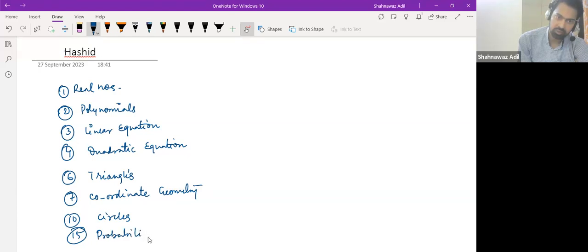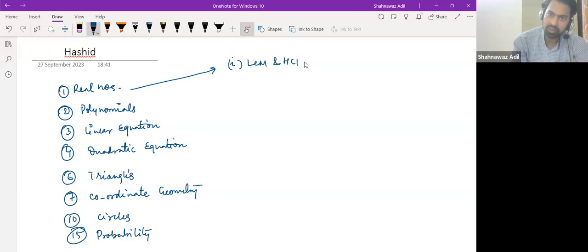Good. So in real numbers, we already know this. We have to calculate LCM and HCF, right? And to do this, we have to know the prime factorization method, right?